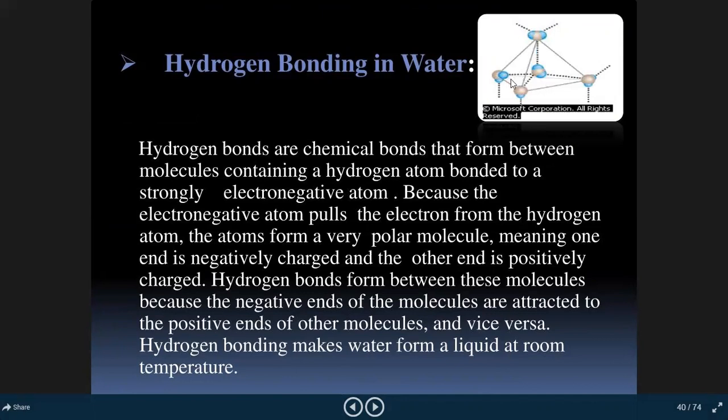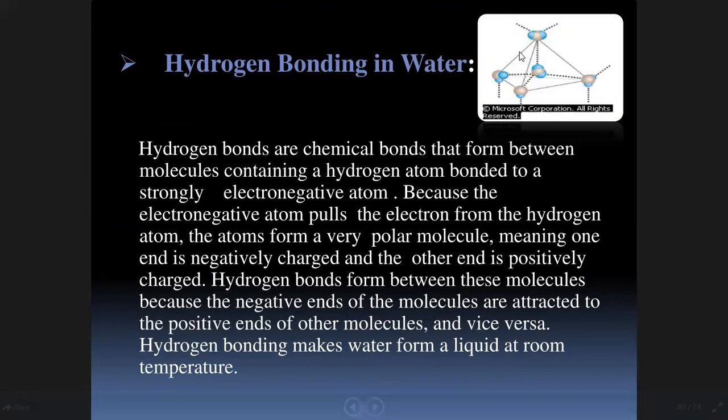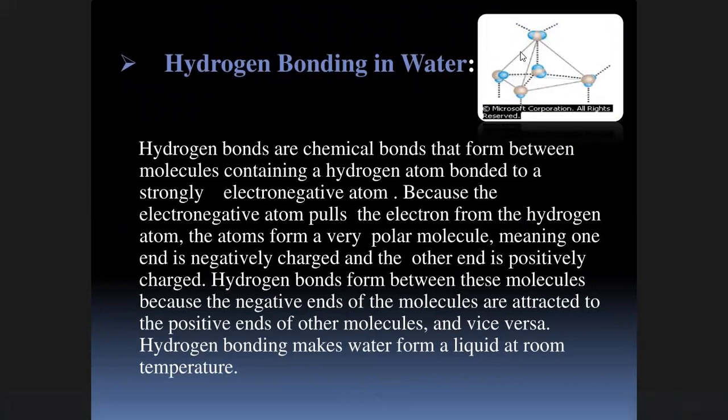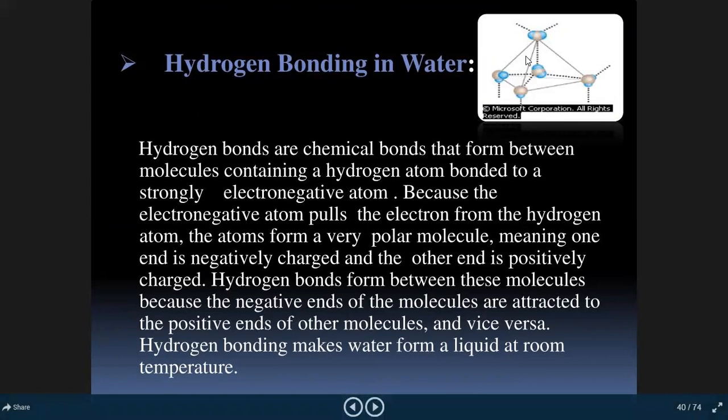This hydrogen bonding is responsible for the different existence of water in different phases. If this hydrogen bond is weak or breaks, the water will be in the gaseous state. If the hydrogen bonding becomes strong, the water will come into the liquid state. And if this hydrogen bonding becomes stronger and the bond length becomes very small, then it will convert into ice form. Okay.